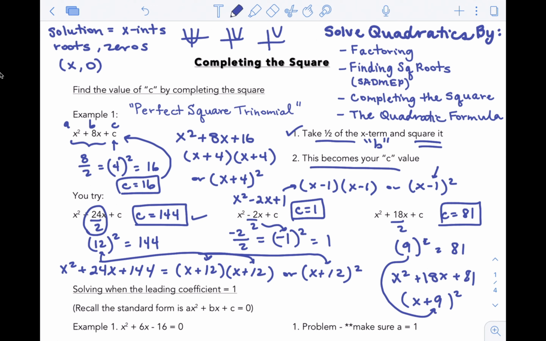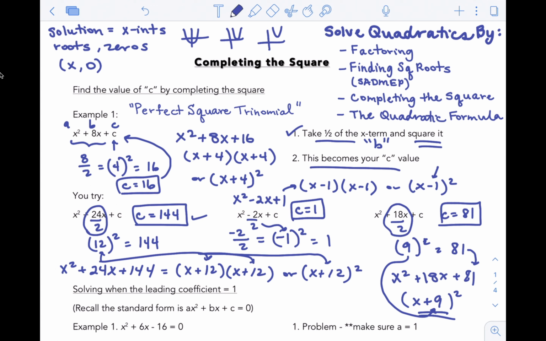Why? Because x plus 9 times x plus 9 foils back into x squared plus 18x plus 81. So 81 may have been that magic number to turn that into a perfect square trinomial, but really I need to pick up on the clue that as soon as you cut your number in half, that's going to be how it's going to factor.